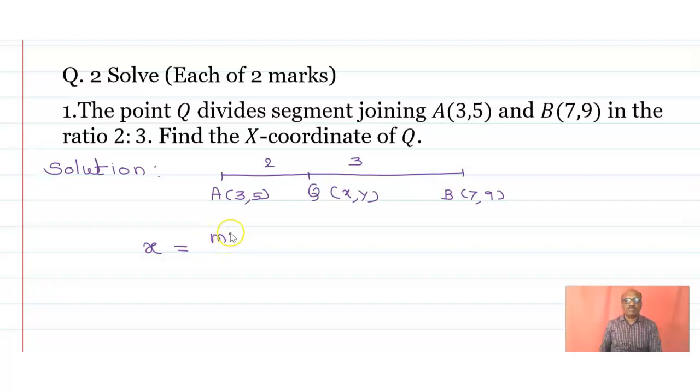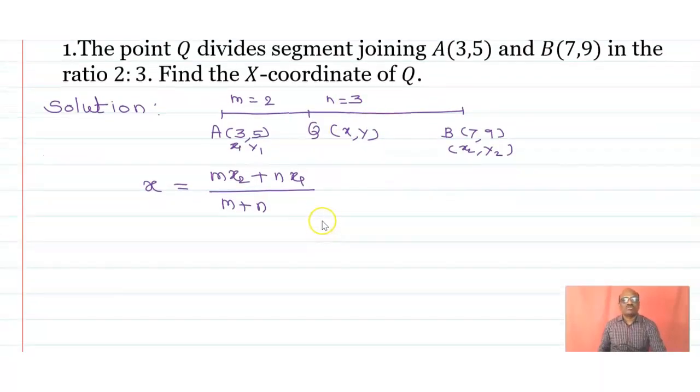x equals m x2 plus n x1 upon m plus n. Okay. Now what is here? x1, y1, x2 and y2. m is equal to 2, n is equal to 3. Okay. Now substitute the values.